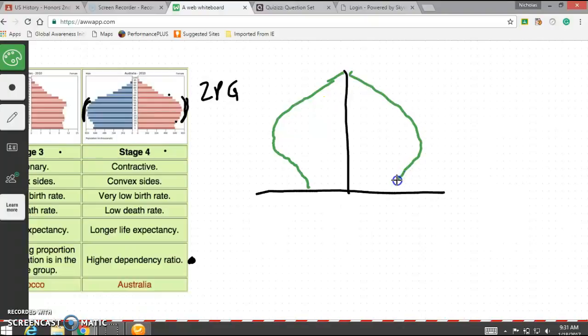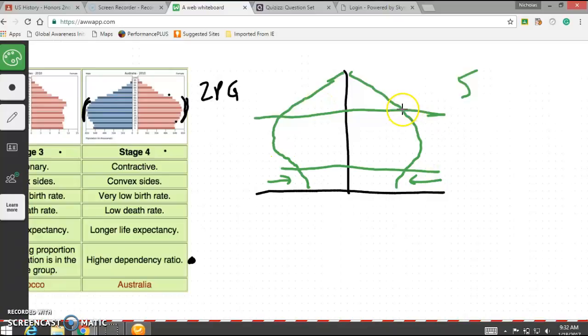So something that kind of looks like that would be a stage 5 country. It's because there's a very narrow base, indicating they're not really having as many children. The older dependency line is pretty large, and there's a big difference between the young dependents and the old dependents. So that's stage 5, and this has a serious dependency issue as well, particularly on the old dependents. There's not going to be enough people to replace them.